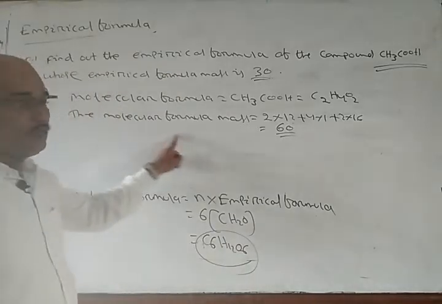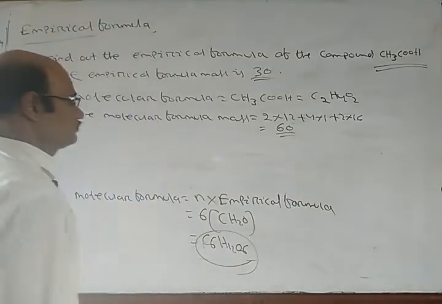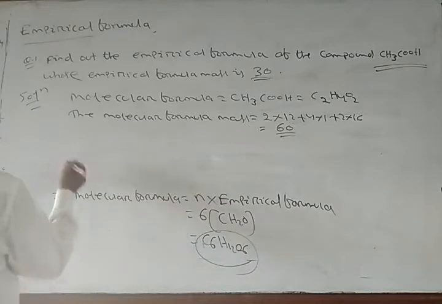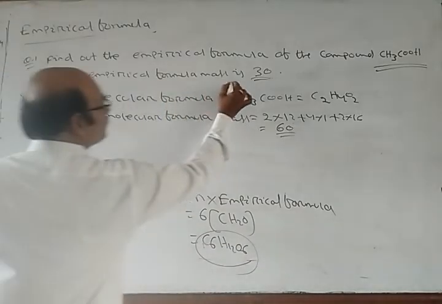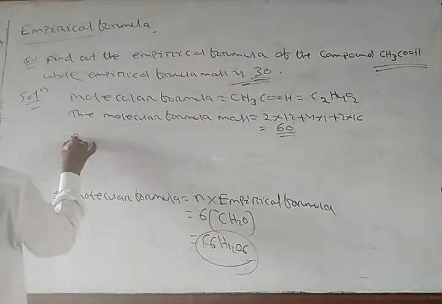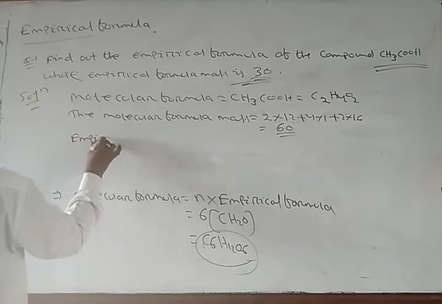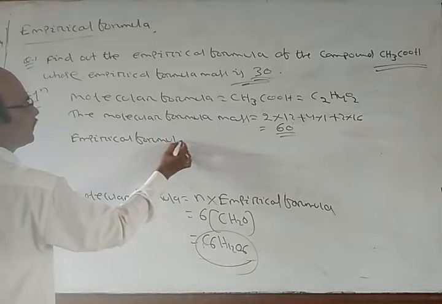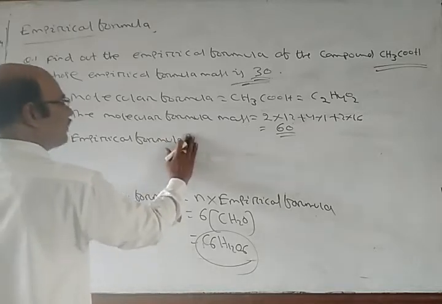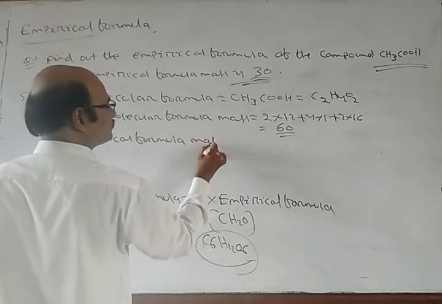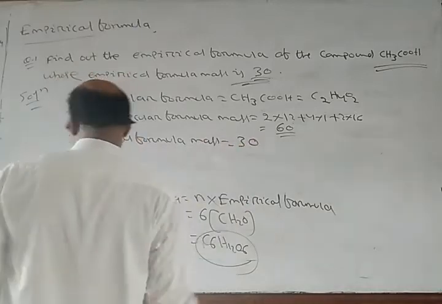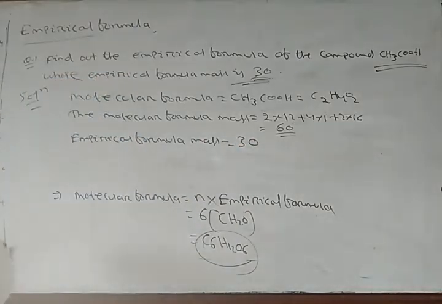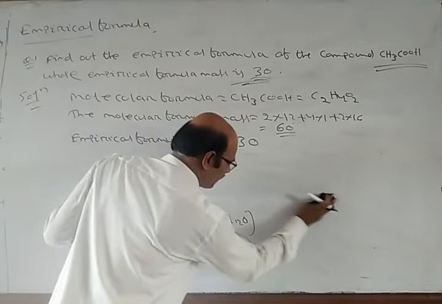So 60 is the molecular formula mass. Now given here, empirical formula mass is given. Empirical formula mass equal what? 30. Okay. So now you can find out the n factor here.